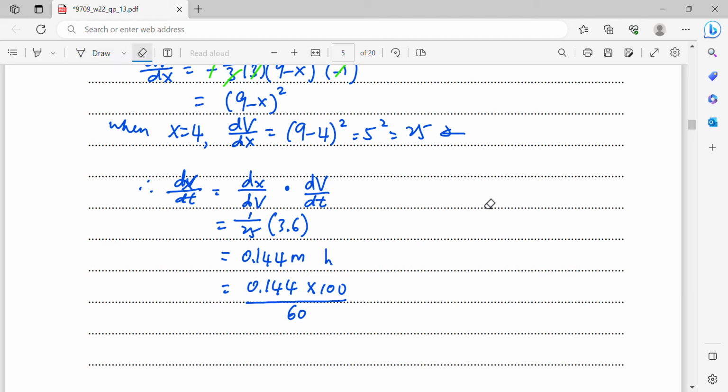Once you have written this, the unit becomes centimeter per minute. So at last we will be getting 0.24 centimeter per minute. If you want, in the beginning you can write meter per hour here. That's all for the working of question 4.